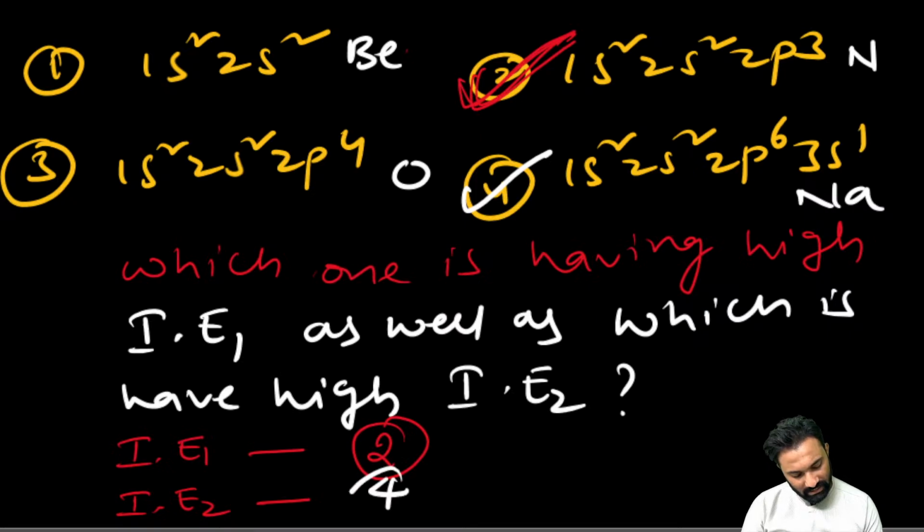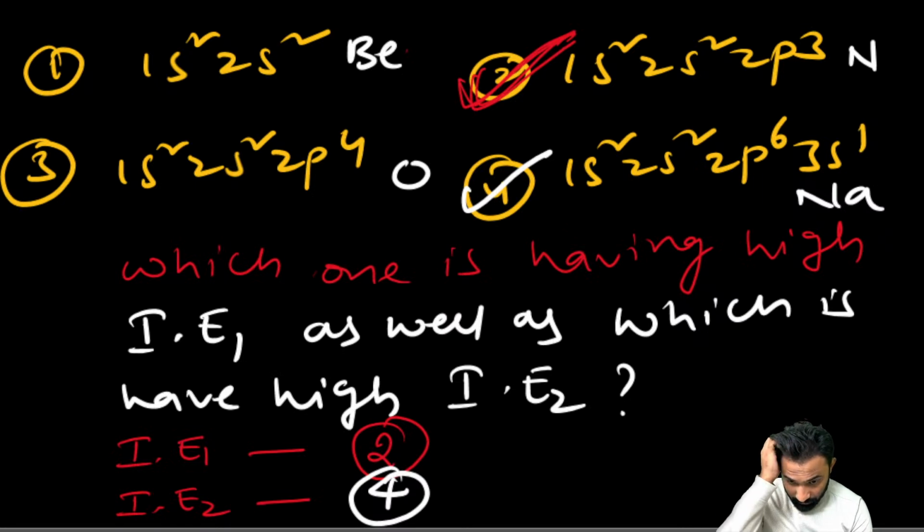So the second ionization energy is more for sodium. Is it clear, or do you still have any confusion?